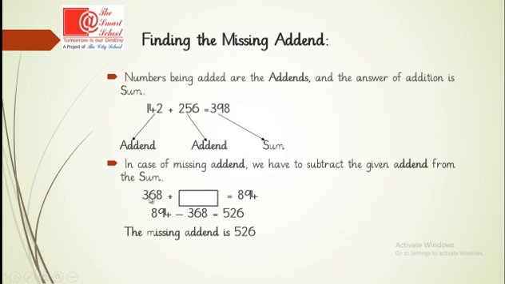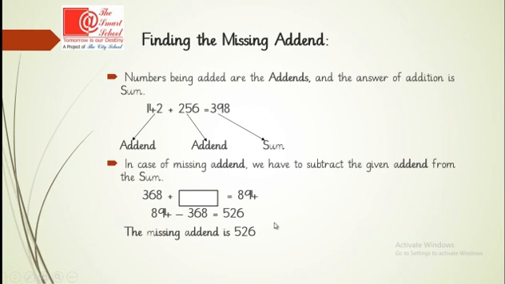So we have 368 plus the missing addend and the sum is 894. We will write first the sum, then with a minus sign the given addend, and the answer which we get is the missing addend. So 894 minus 368 is equal to 526. So the missing addend is 526.